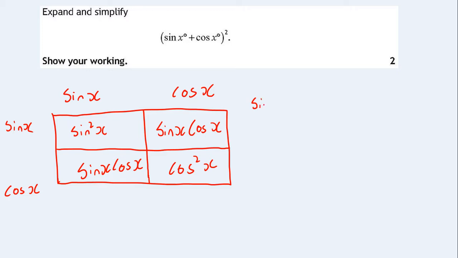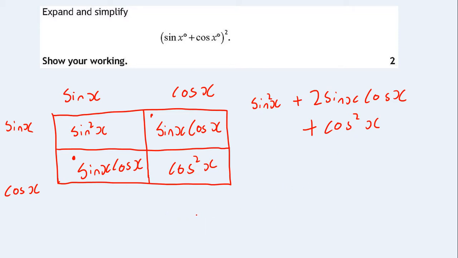So if I write that out in full, I'm going to get sine squared x plus 2 sine x cos x, because we've got 1 and 2, so we can just simplify that, plus cos squared x.